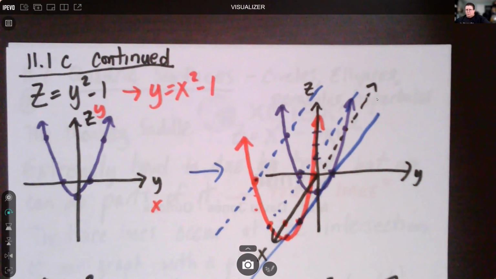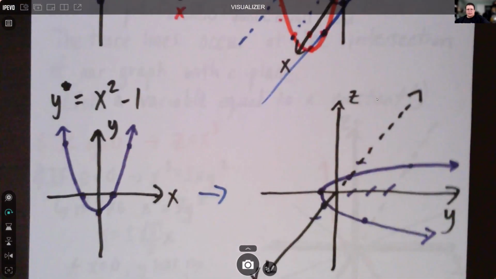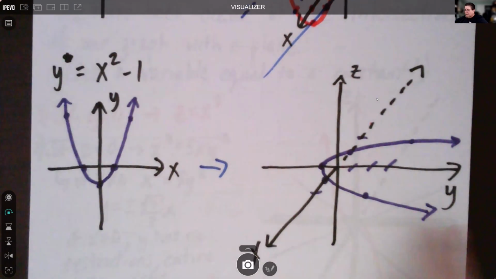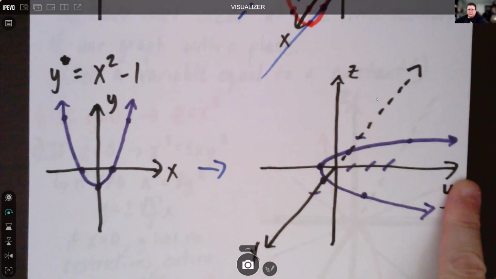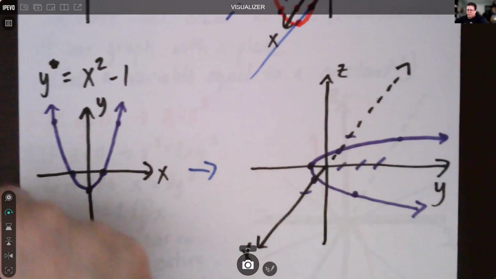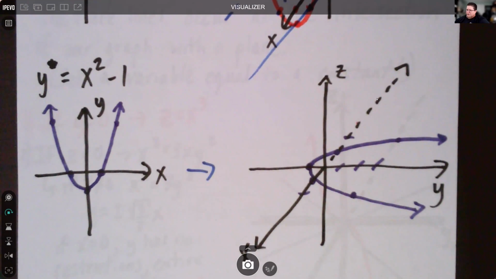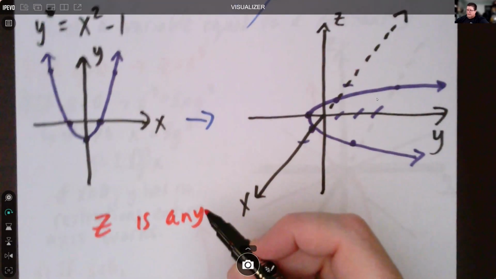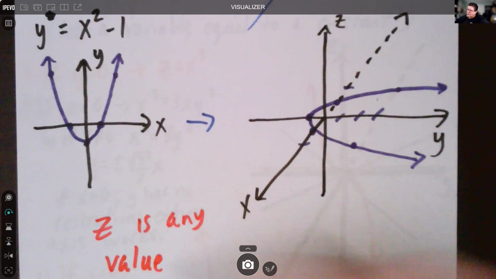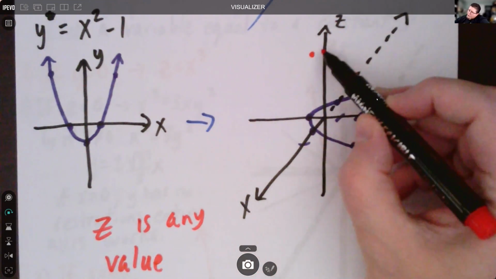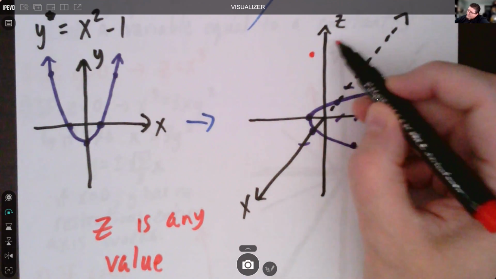If we look at the same where we're doing y equals x squared minus 1 like we've got here, well, in the xy plane, x is towards us, y is rightward. We still have that parabola, but the parabola is going like this. But now our z has no restrictions. So z is any value. Which means I can come up and do another parabola-like shape.